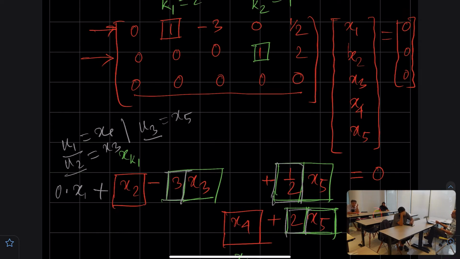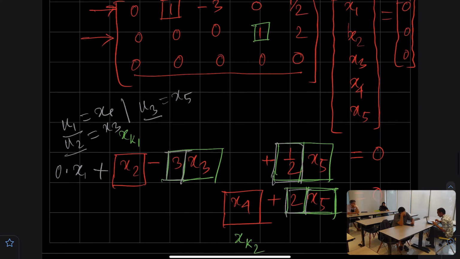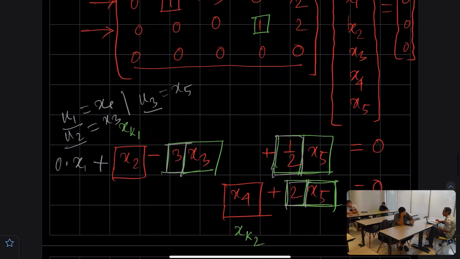Okay, you are comparing it with the theorem, right? So C11 is 0, C12 is minus 3, and C13 is 1/2, right? For the first row.